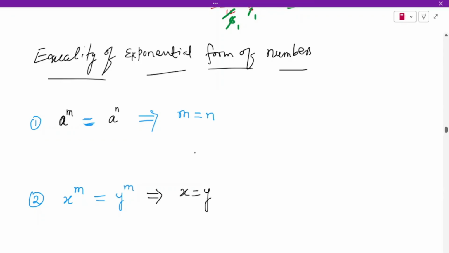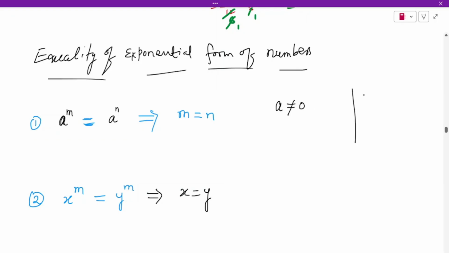Here one thing is important. For the first case, like a raised to power m equal a to the power n, the base should not be 0. If base is 0, then for any exponent, like for different values of m and n, it will always be equal.